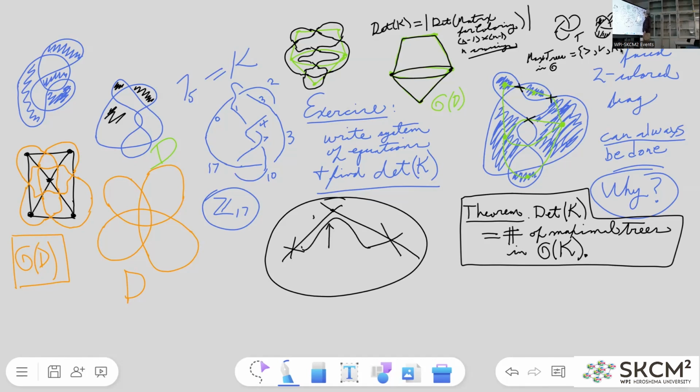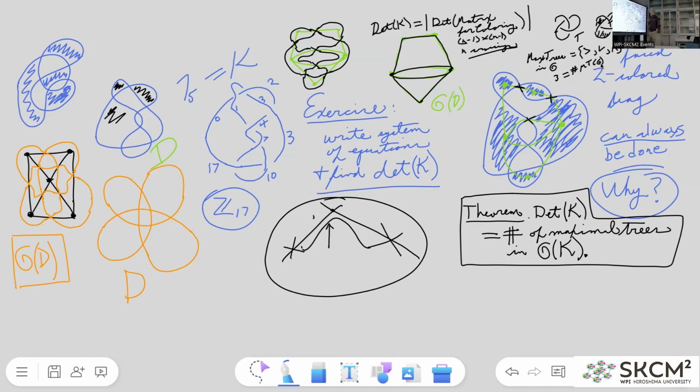So 3 is equal to the number of maximal trees in G. But we know the determinant of the trefoil knot is 3. So that's an example of the theorem.